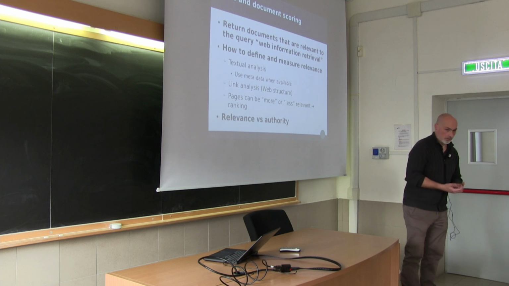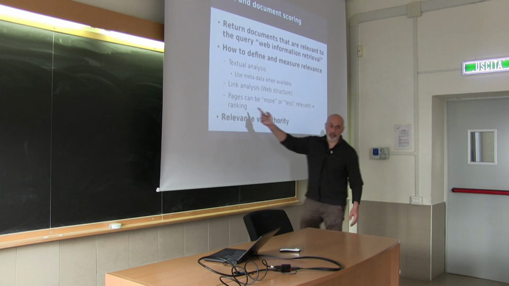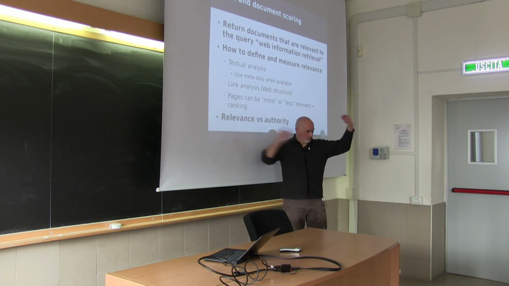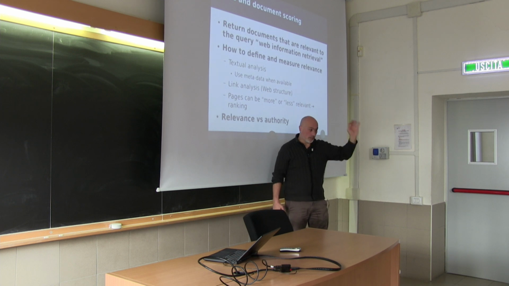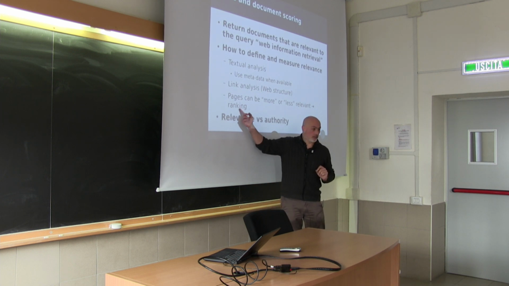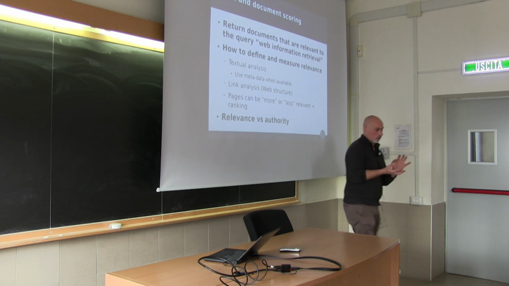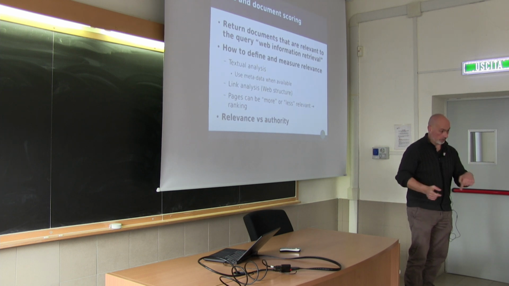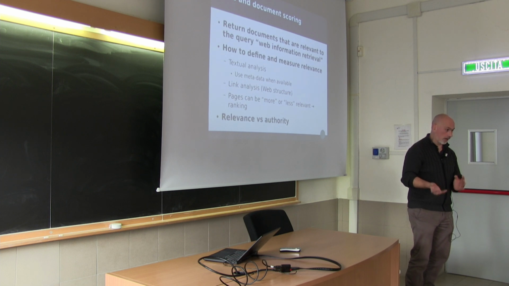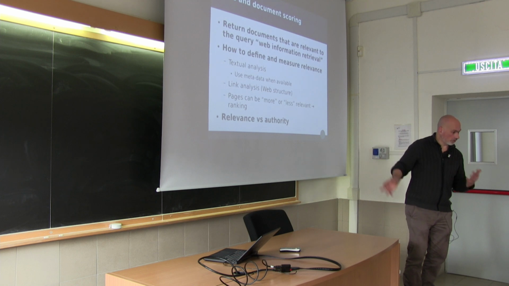What did I want to say with this? When you rank pages, putting them in a rank from the most important for this query to the least important, nowadays I'm using a mixture of relevance, so matching the query contents to the document's contents, and authority. So the absolute quality of a document is factored in. And that's why you get results that very often make sense.